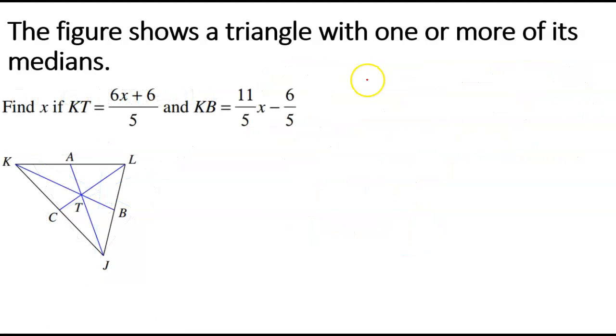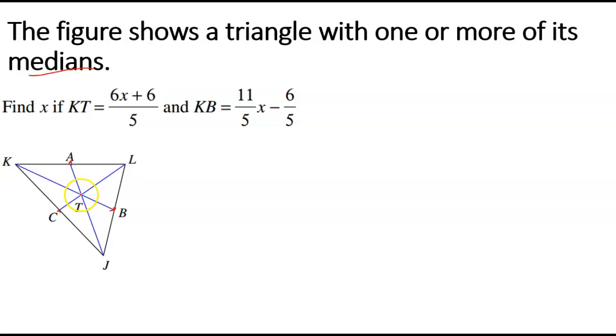All right, another one. Again, we are told that these are medians. That's why we can apply this. We know this is a midpoint, that's a midpoint, that's a midpoint. We are given KT.